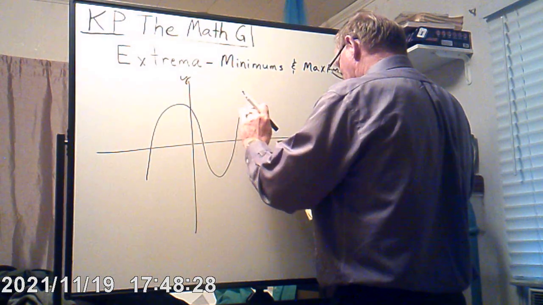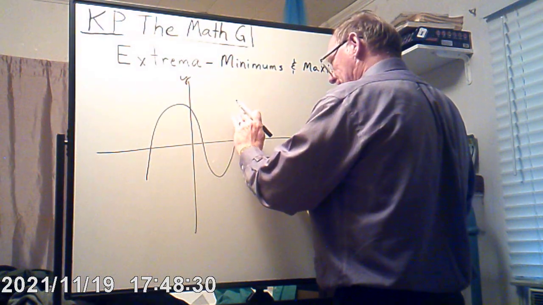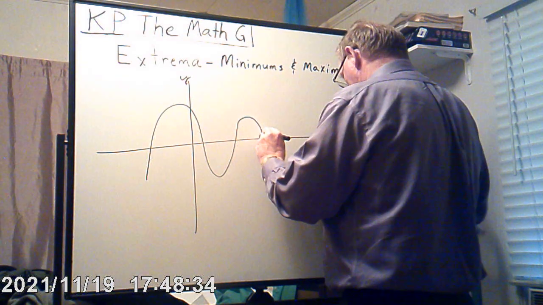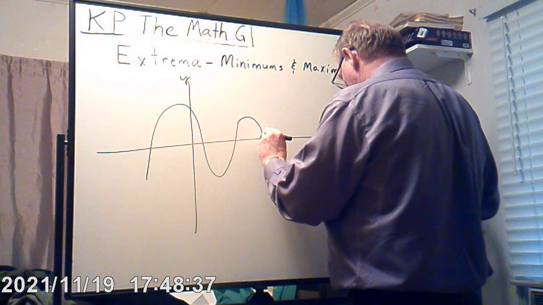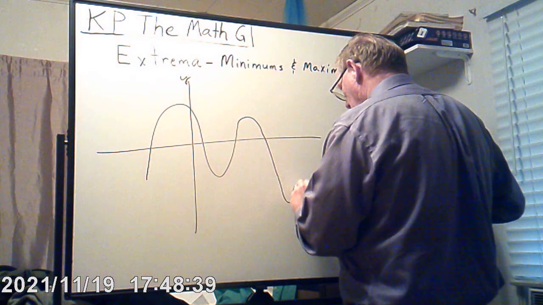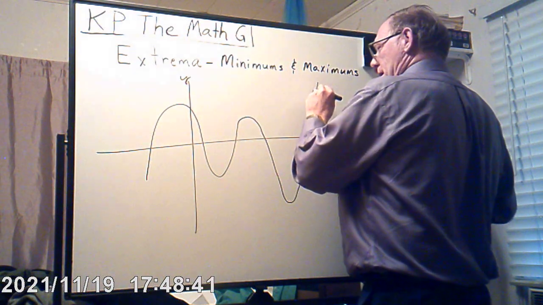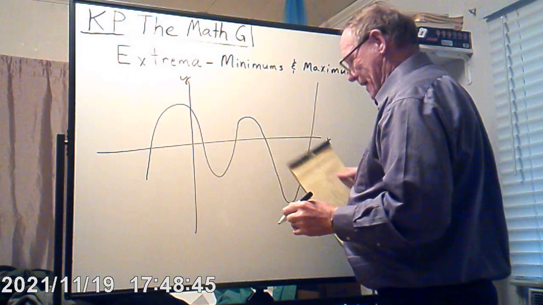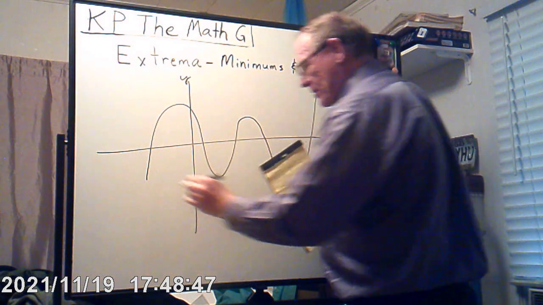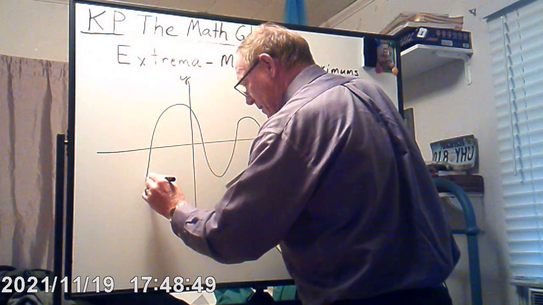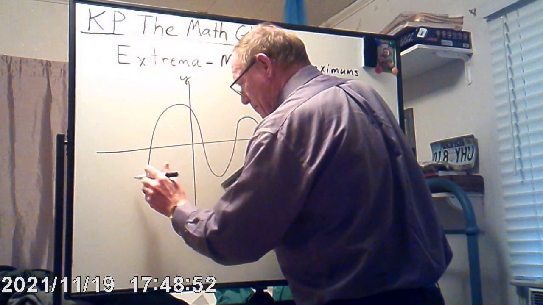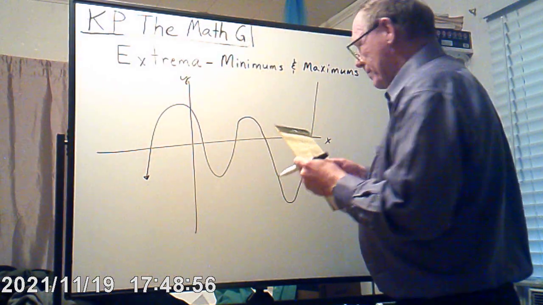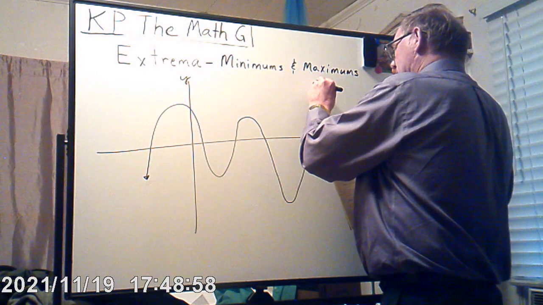I'm trying to draw it the way I drew it a while ago. Let's put an arrow on the end of this, meaning that this goes on forever. And we can do the same thing here.